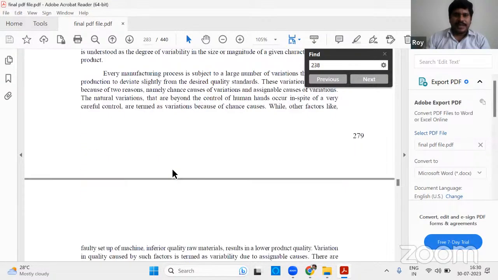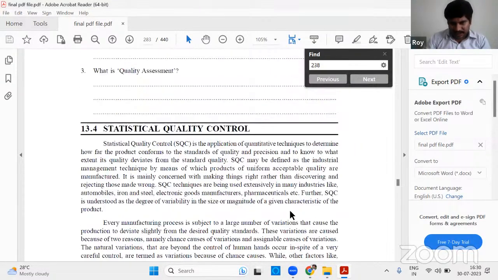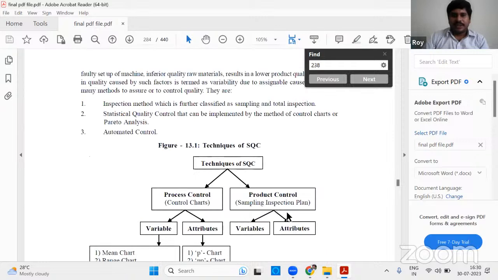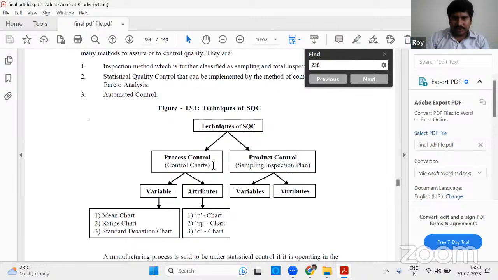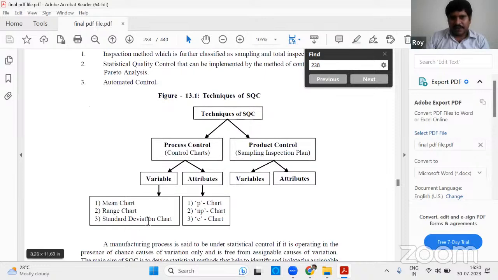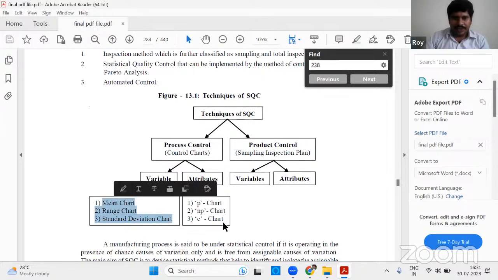Okay, and for statistical quality control, there are some tools you need to understand. There's process control and product control. In process control we have the mean chart, range chart, standard deviation chart, P chart, NP chart, and C chart. In product control, there are variables and attributes.